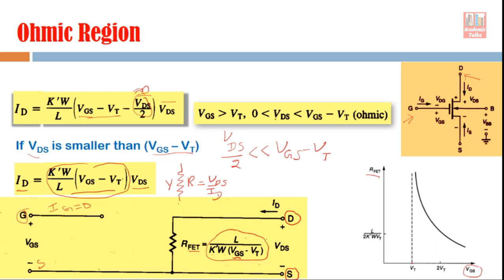And you see here, this dotted line corresponds to the threshold voltage VT. When your gate voltage is greater than VT and it increases, this field effect transistor resistance is decreasing.